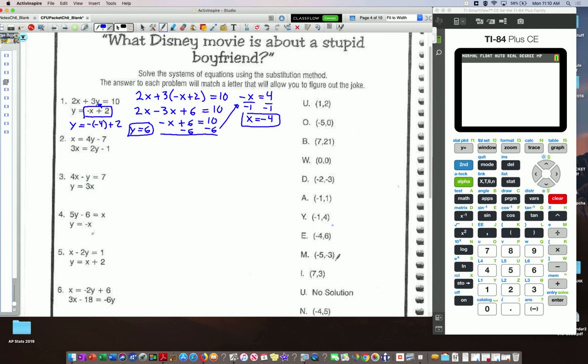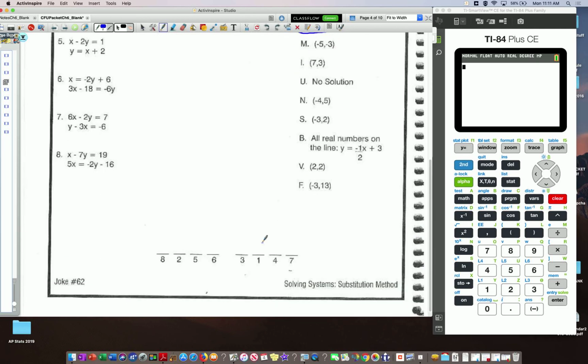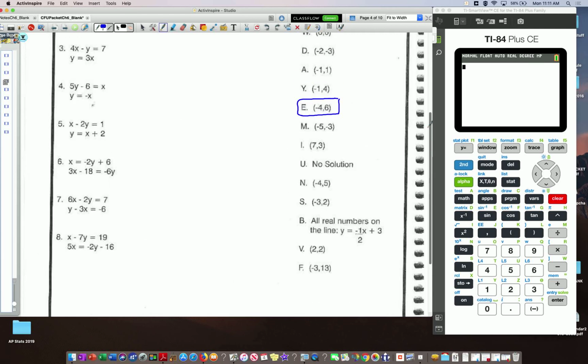Now notice how they have them listed as an ordered pair. So here for number 1, our answer as an ordered pair would be negative 4, comma 6. So I want to see where that is noted. If I look right here, I get the letter E. So I can go down to my puzzle down here and put the letter E for my first answer.